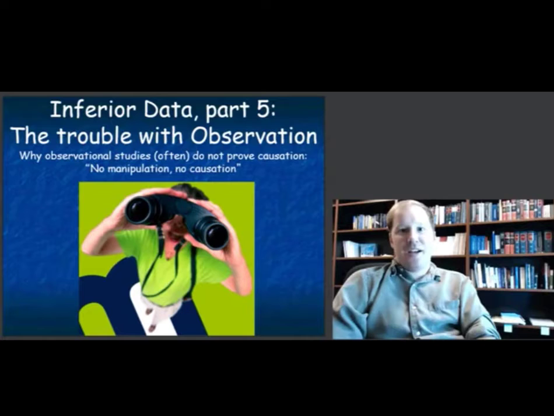Today's talk is entitled Inferior Data Part 5. We're continuing our series looking at the problems with observational studies. That's in contrast to experimental studies, where we're able to control and manipulate a specific variable of interest in order to determine whether causation exists.